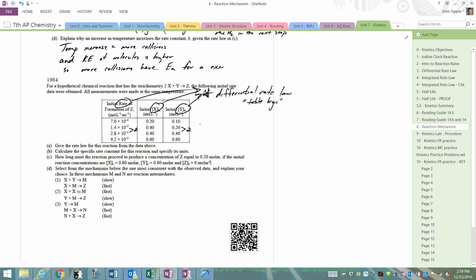It's first order, because you double the concentration and the rate doubles. Now we need to find the order for X, and we need a couple of reactions where Y has the same concentration. There are none. Oh no, what do I do now? No problem, you can work this out.